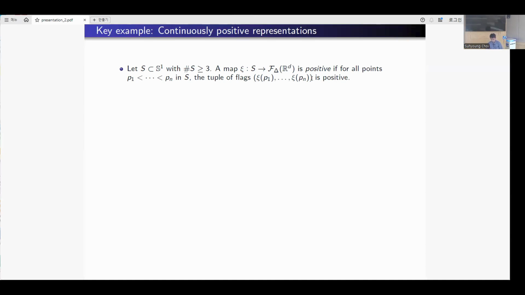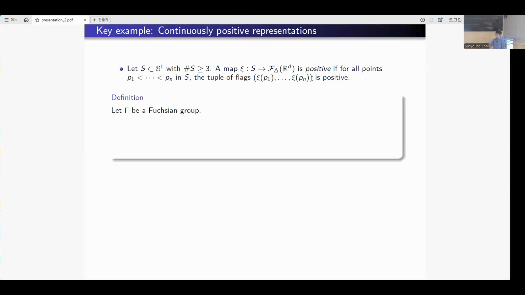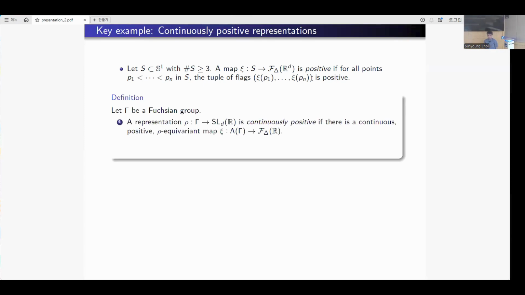Now I'm going to take any Fuchsian group. This can be infinitely generated, whatever, I don't care, just a discrete infinite subgroup. I say that a representation rho from gamma to SLDR is continuously positive if there is a continuous positive rho-equivariant map C from the limit set of gamma into the flag manifold F delta RD.